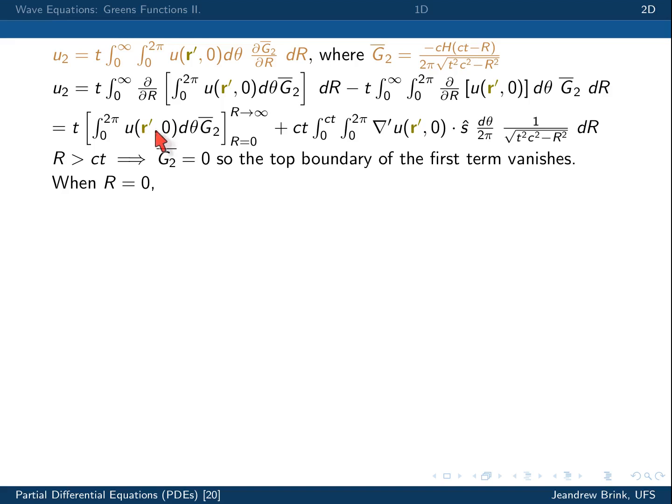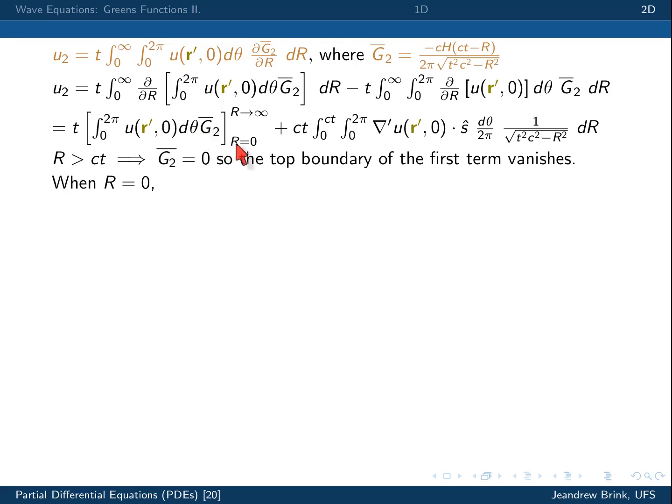So you can take u and it remains constant because you're no longer changing. So you can take u out of this integral, and you're left with this integral from 0 to 2 pi d phi multiplied by g2.